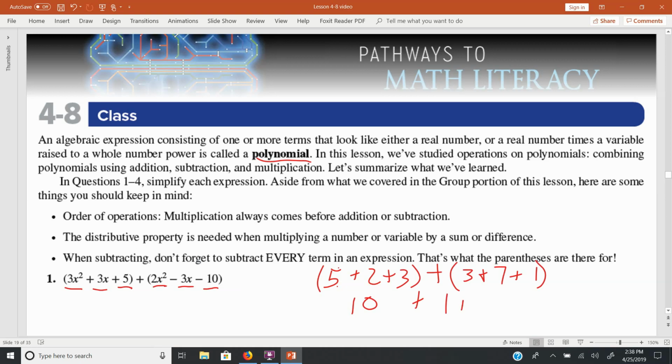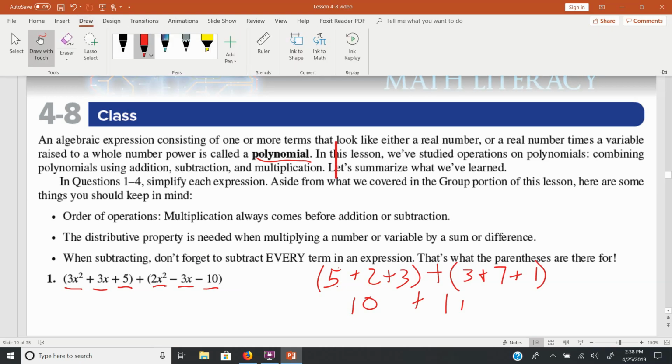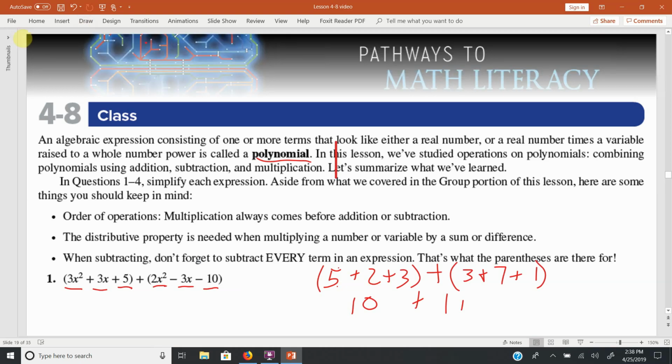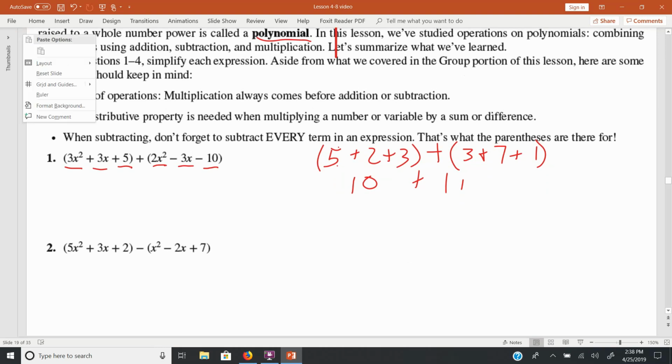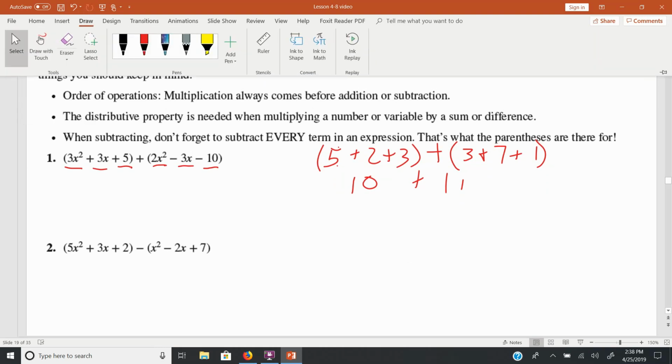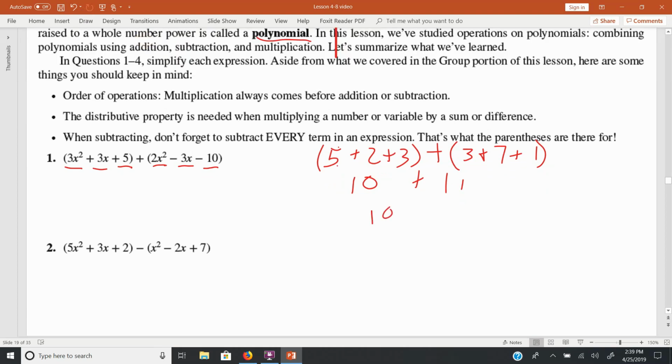What we have found, though, is that we can do our 5 plus 2 plus 3, and then add the 3 plus 7 plus 1.